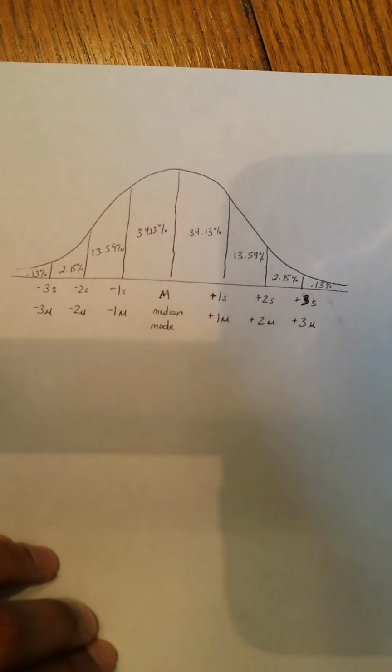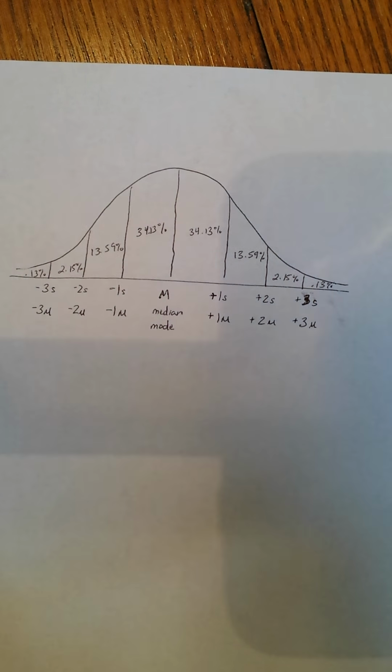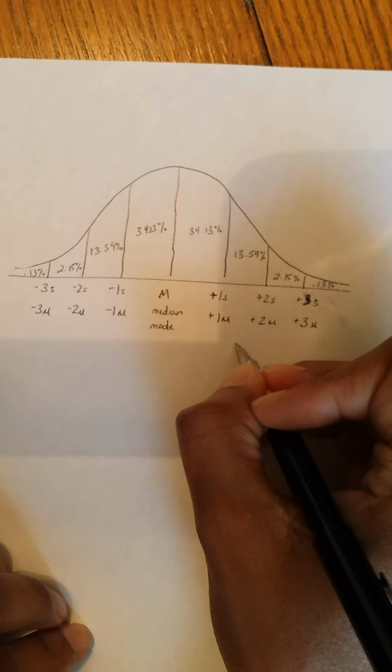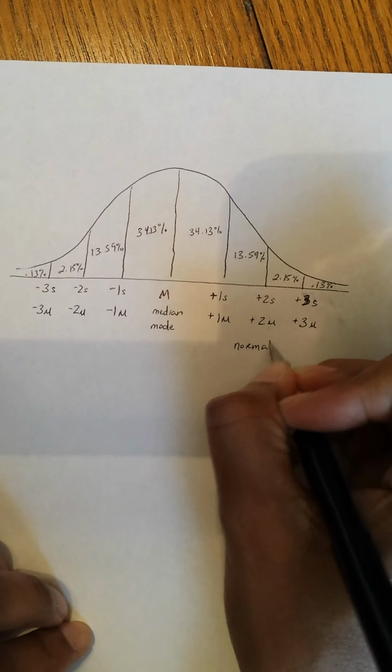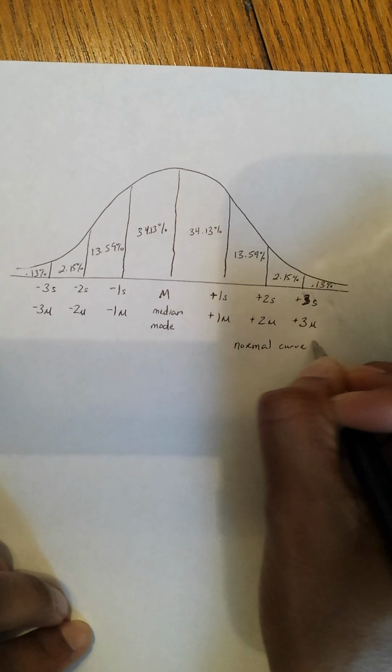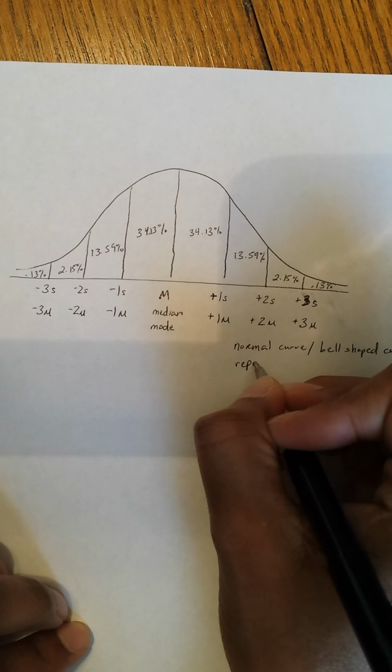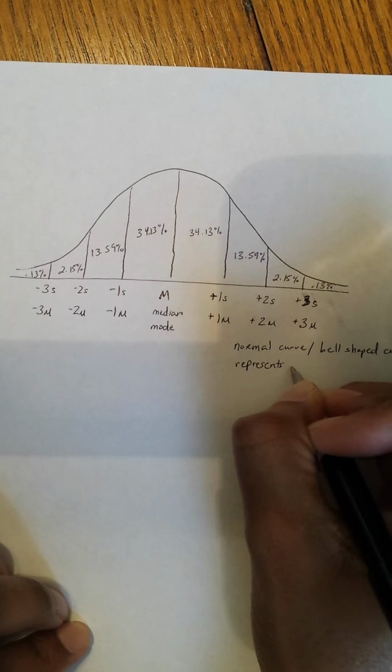Okay, so this is the normal curve, also known as the bell-shaped curve. So normal curve, bell-shaped curve, and it represents a normal distribution.